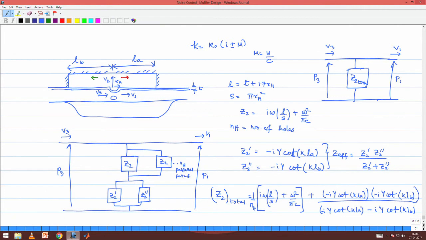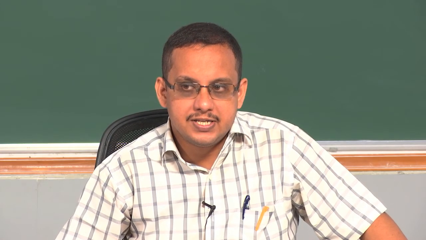Okay, sorry, not the particle velocity, the mean velocity by the sound speed. k0 is omega by c, which is what we have calculated. Depending upon whether the sound is travelling in the direction of the mean flow or in the direction opposite to the mean flow, you will now get two wave numbers, one which is 1 plus M, the other which is 1 minus M, times omega by c. So this factor also would need to be incorporated. This is also something that we have not taken into account.